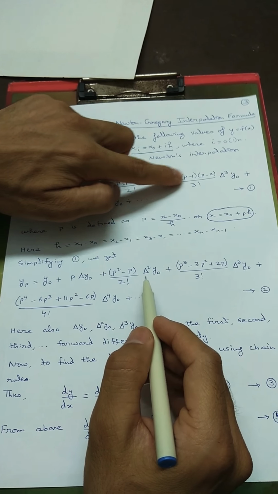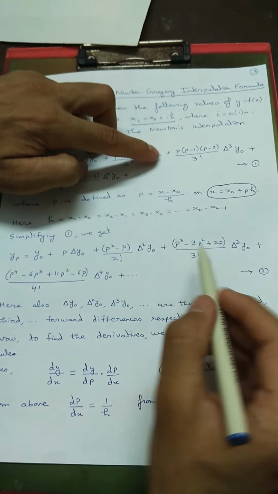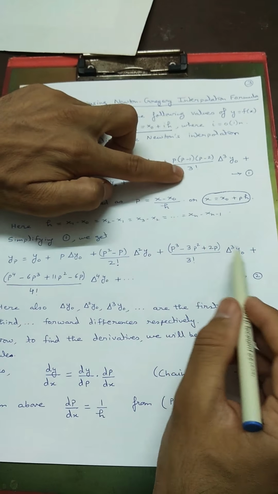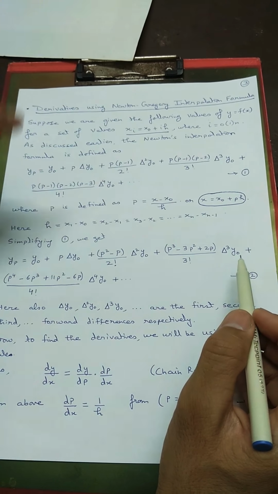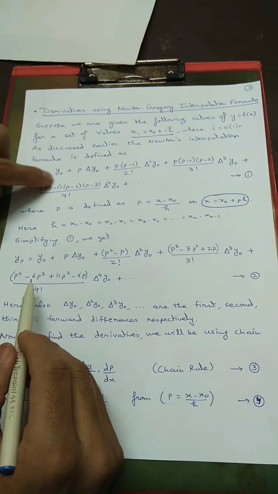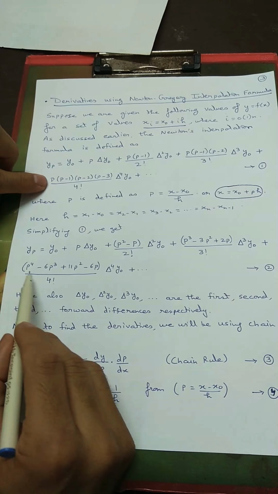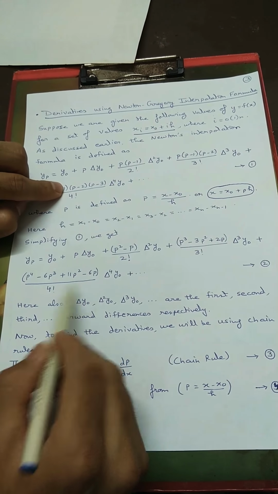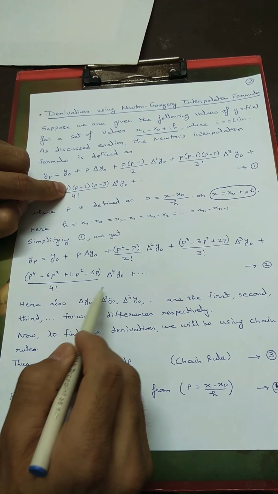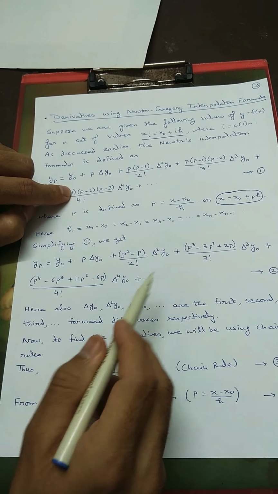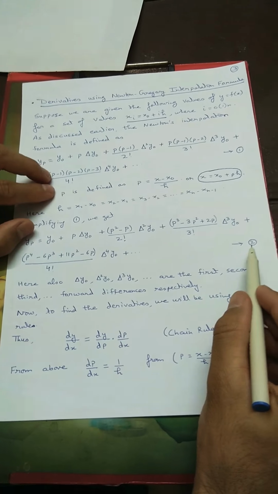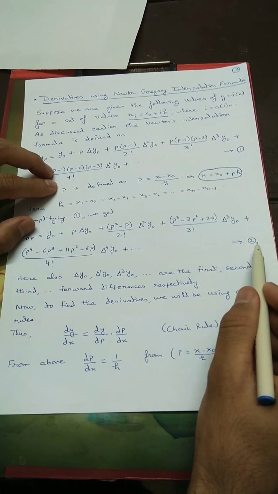If I multiply all these three terms and expand it, it can be written as (p cube minus 3p square plus 2p) by factorial 3 del cube y0 plus, and if I multiply all these four, it can be written as (p4 minus 6p cube plus 11p square minus 6p) by factorial 4 del 4 y0 plus the series goes on, which I am naming as equation number 2.